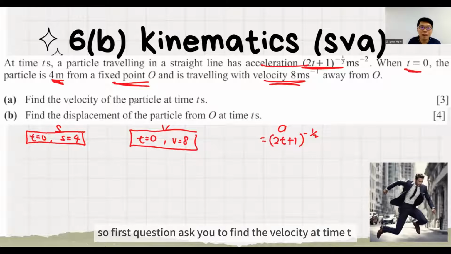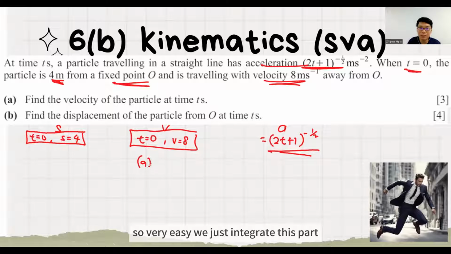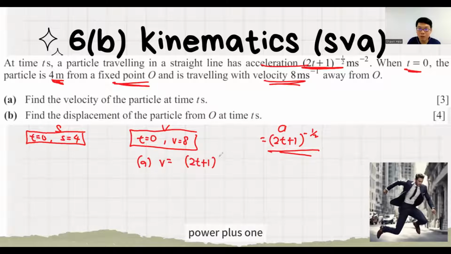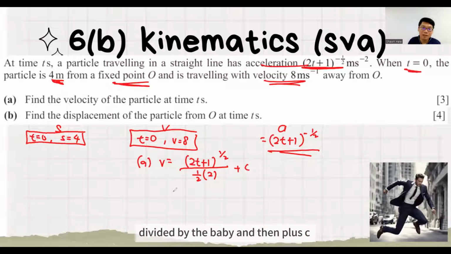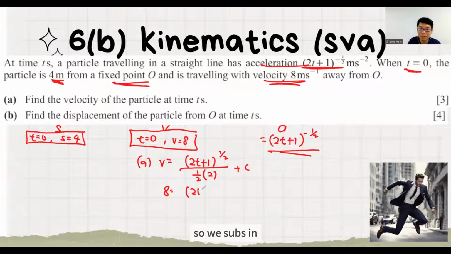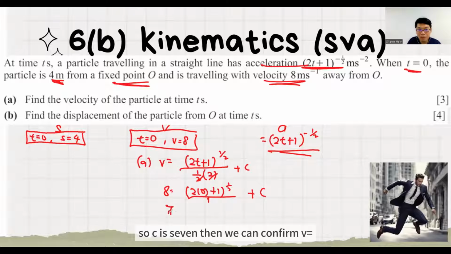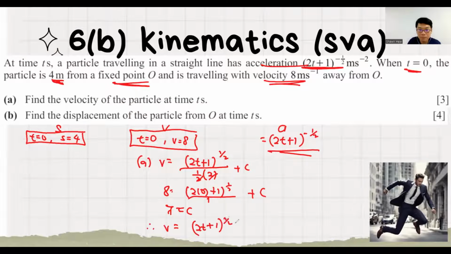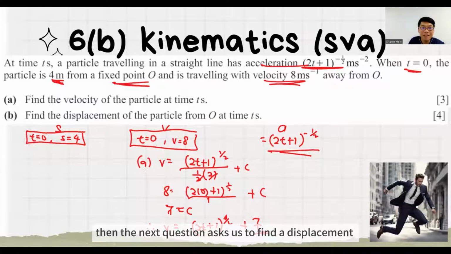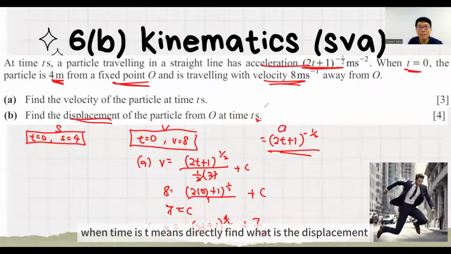The first question asks you to find the velocity at time t. Very easy. We just integrate this part: power plus 1 over new power, divided by the derivative of the base, and then plus C. Remember they say V is 8 when time equals 0. So we substitute in, so C is 7. Then we can confirm V equals this. Done for V. Then the next question asks us to find the displacement at time t, which means directly finding the displacement.